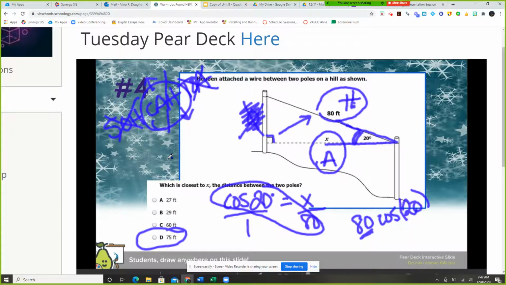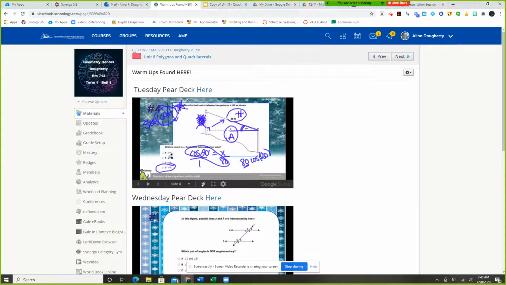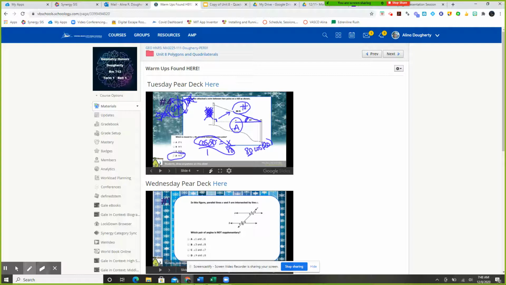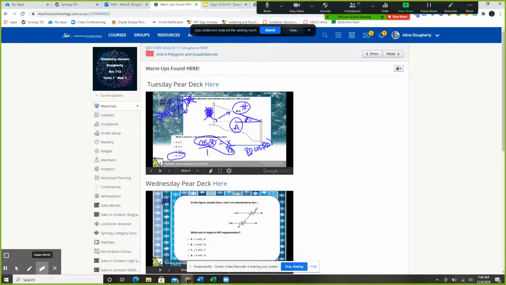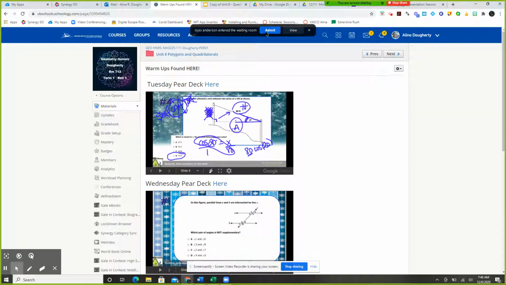How do we feel about those, ladies and gentlemen? Wait, I understand because I have the same answer, but why don't we put 80 in front? You don't have to put the 80 in front because you're multiplying. You can do cosine 20 times 80, but if you forget to close that parenthesis, sometimes it does cosine of 2080, or cosine of 20 times 80.